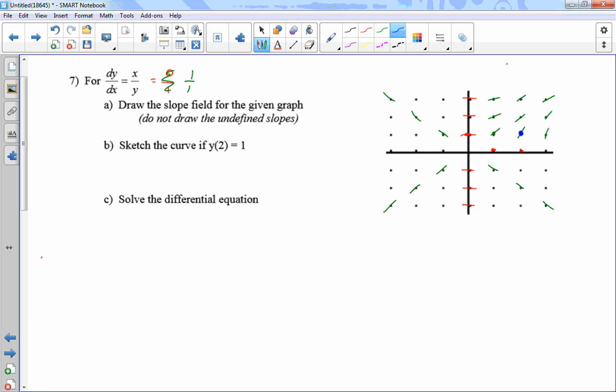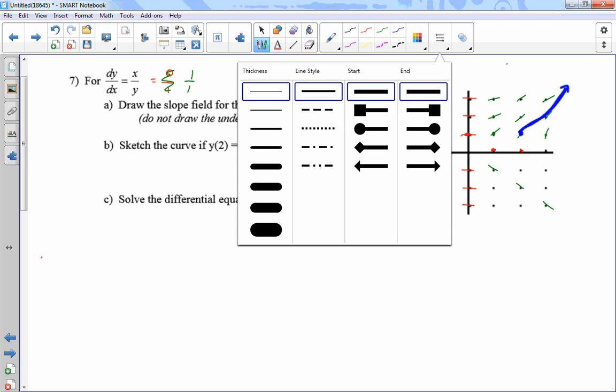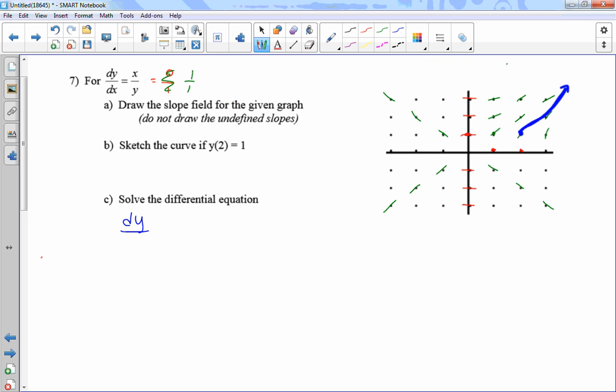So it's showing the slopes. And at 2 we get a height of 1. So we just follow the slope field. It's going to go something like that. On the right hand side it's going to get steeper. Just follow the curves. Solving a differential equation is what we did with all of exponentials.